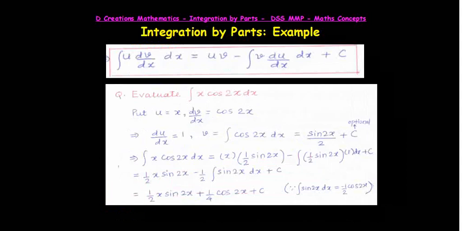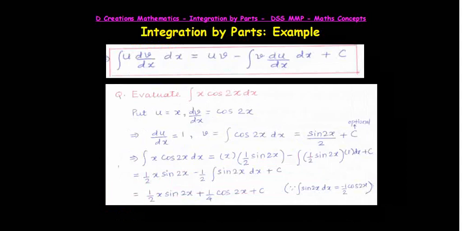If dv by dx is cos 2x, v is going to be integral of cos 2x dx, which we know is sin 2x, and since there's 2 here, we need to divide it by 2. So sin 2x by 2 plus constant of integration. Finally, we need to write the constant of integration. It's an arbitrary value, so right now, it doesn't have so much importance here.